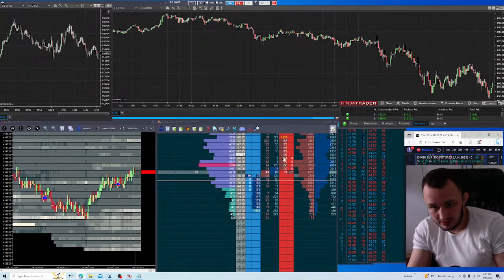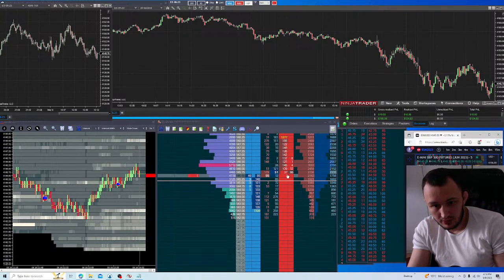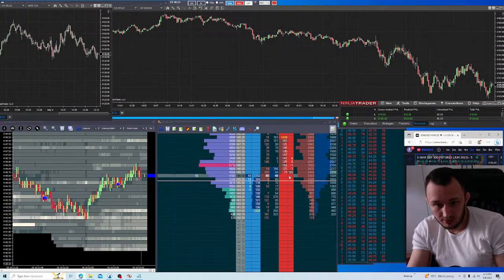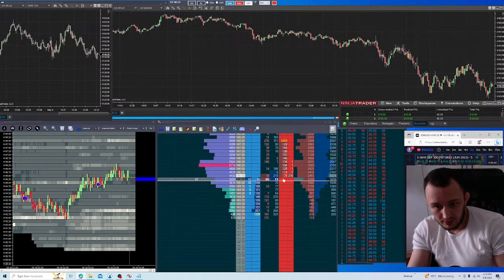So if we see price fail here, like maybe push a little bit through, get shit on immediately, this would be perfect for a short entry here. Struggling to get up there. We do see some big buyers still interested here, which is what I don't like to see so much for a short entry.